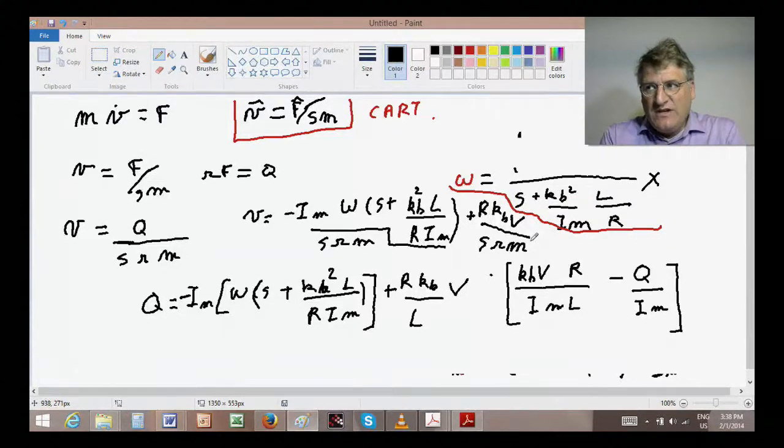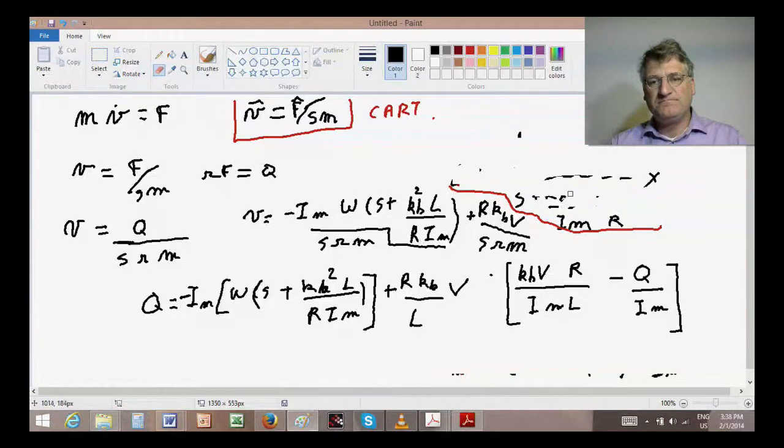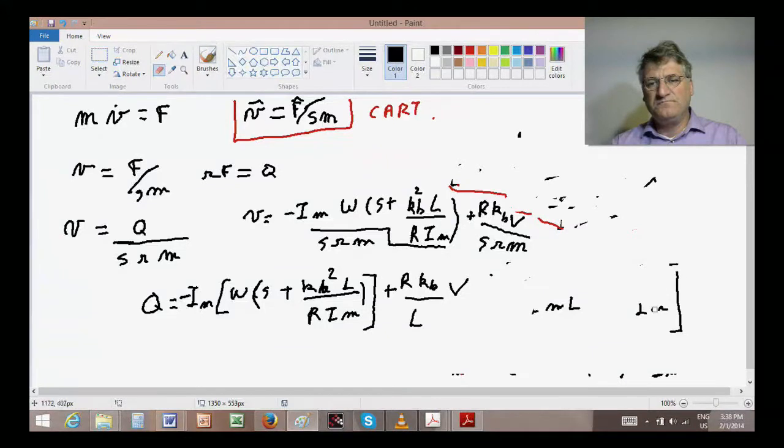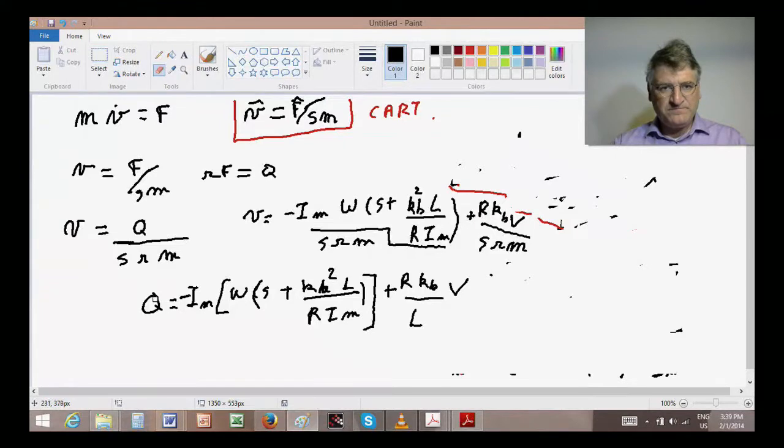In order to simplify that, we will first remove this expression, and second, remember that omega is a function of the speed of the cart. I can erase this as well.